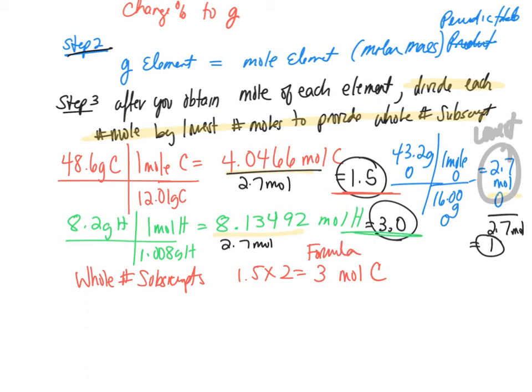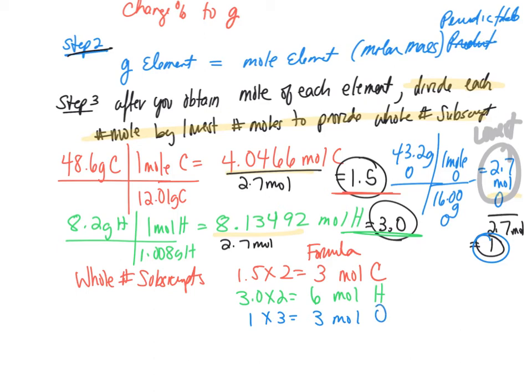Then we have to do that to every one of them. So 3.0 times 2 is 6 mole of hydrogen in our formula. And then oxygen, we have 1. So 1 times 3 is 3 mole of oxygen.